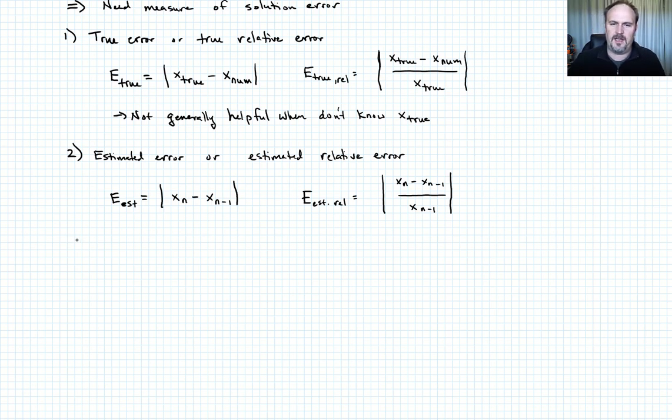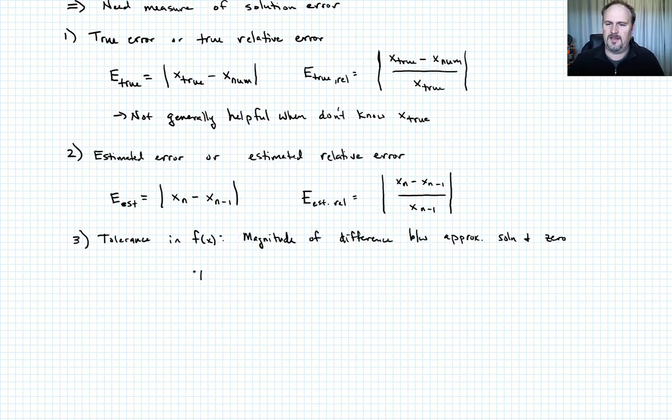The final measure that I want to talk about, not the only one that exists, is called the tolerance in f of x. All it is is the magnitude of how much your approximate solution differs from 0, when your solution is supposed to be 0.